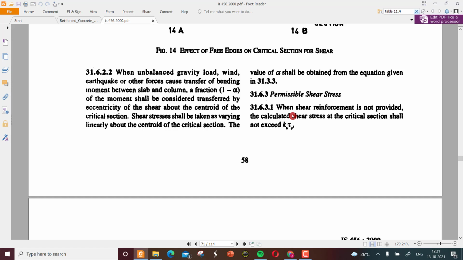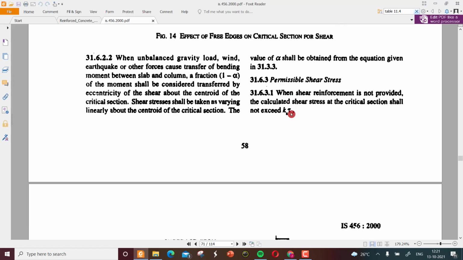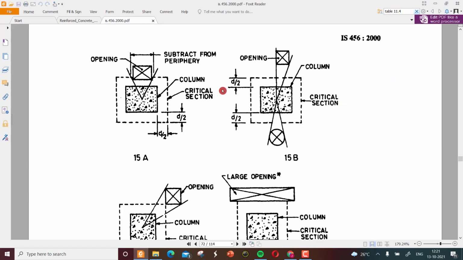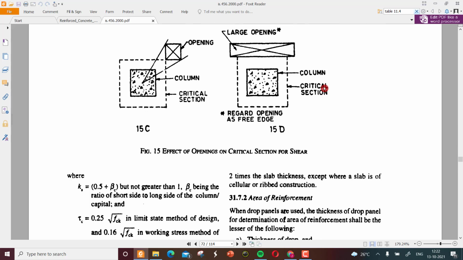And 31.6.3 is on the permissible shear stress. When the shear reinforcement is not provided, what should be the calculated shear stress? And so this was the diagram showing the critical sections and also some openings, if it is provided in the flat slab, what are the changes that happen to that.